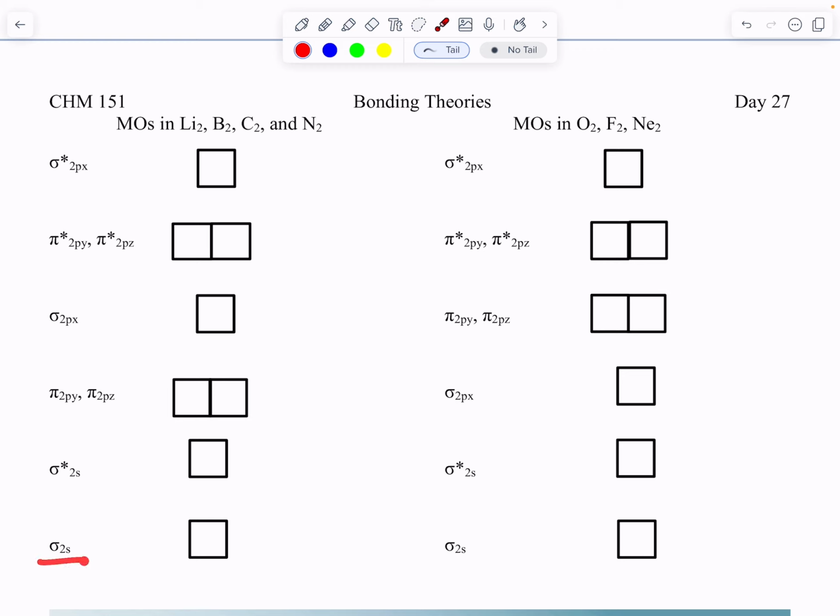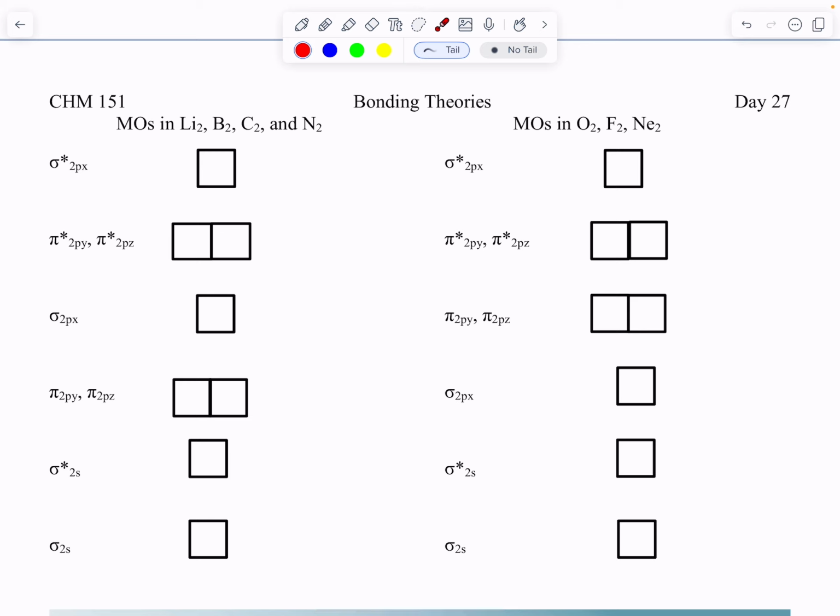So sigma 2s is always the lowest energy, and then sigma star 2s, those are the bottoms, all right? And then we have here, the pi bond is lower in energy than the sigma bond for these. That's something you'd have to memorize.